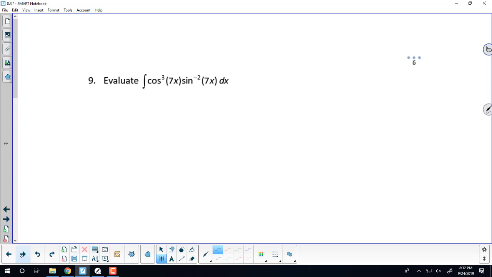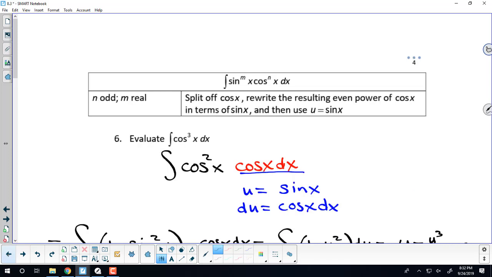So this sine to the negative 2 looks intimidating, right? But we do have a cosine to an odd power, right? So we should split off that cosine. If we go back to this thing right here, n is odd.